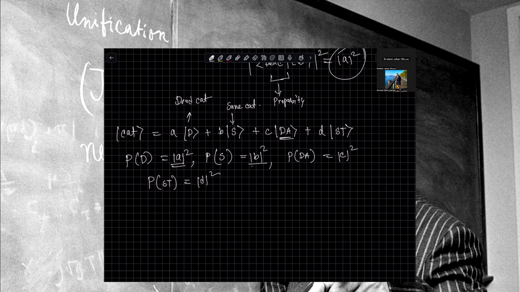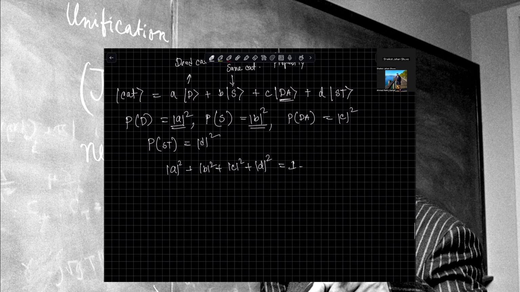They are all real numbers when you take the mod square, because A, B, C, D can be in general complex, but when you take a mod square, you get something real. And since we are calling them probabilities, mod A squared plus mod B squared plus mod C squared plus mod D squared equals 1. You can also justify it by using the completeness of a basis.